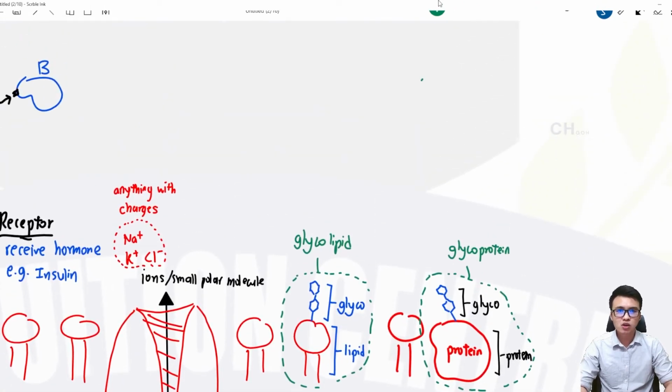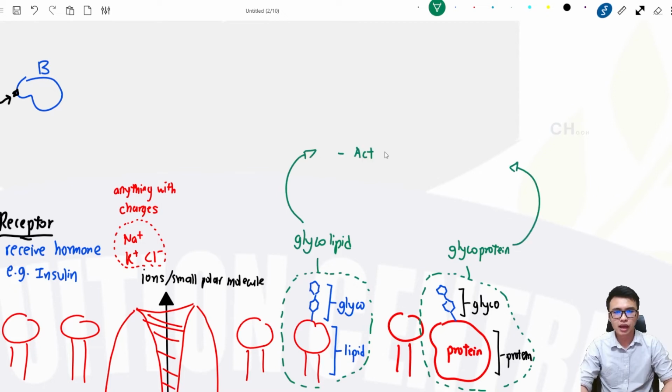Glycolipids and glycoprotein basically have the same functions. Both act as receptors of hormone. Something like the receptors that I mentioned just now, it can act like a receptor of the hormone. How? Just like this. This is a normal cell, and the surface of the cell is not smooth.